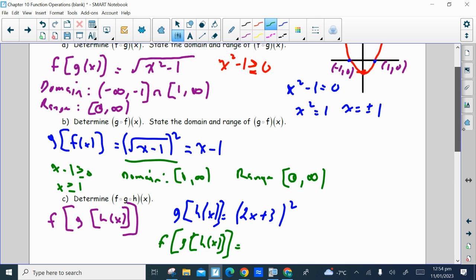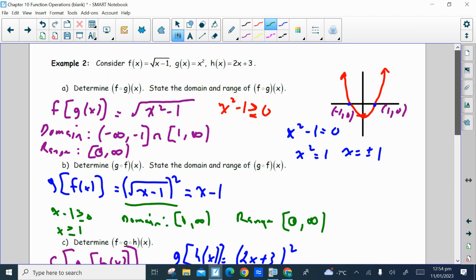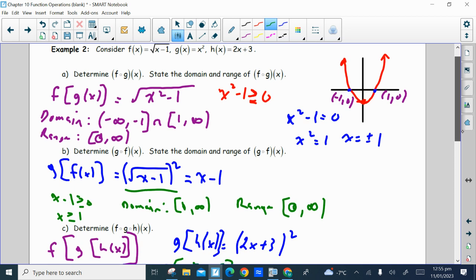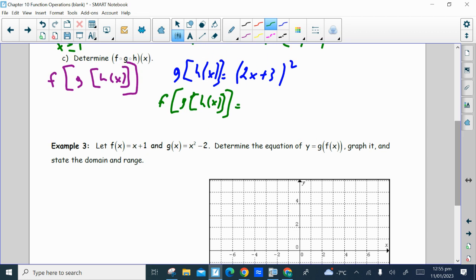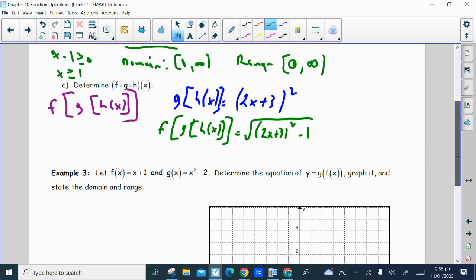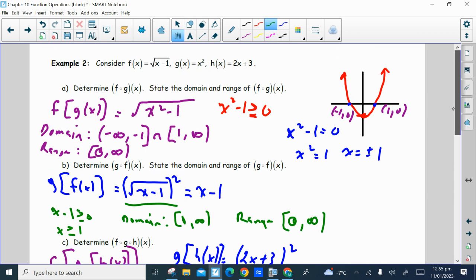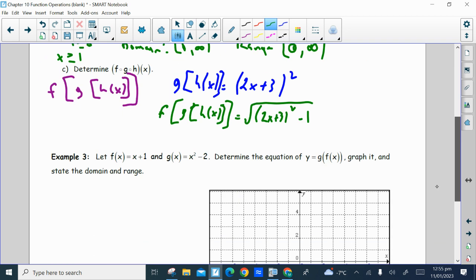And f is the root of x minus 1. So we're going to replace the x there with 2x plus 3 all squared. But it's still a root, and there was a minus 1 after the x. When we look at the expression for f, it's the root of x minus 1. The x is replaced with the 2x plus 3 all squared, but we still have that minus 1 there.